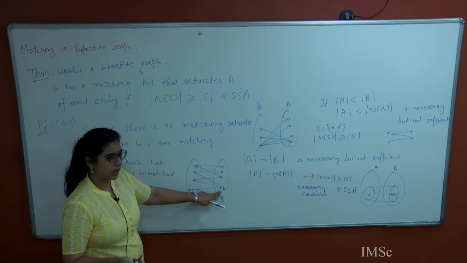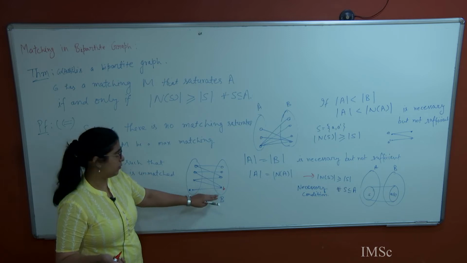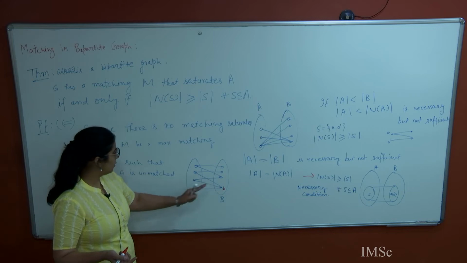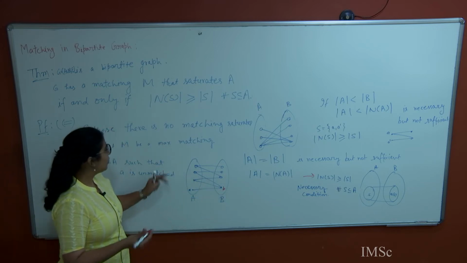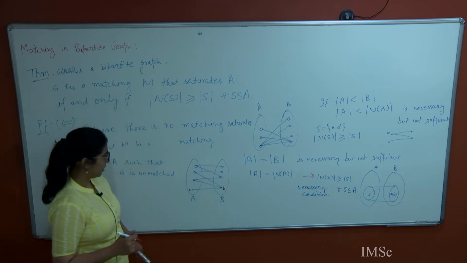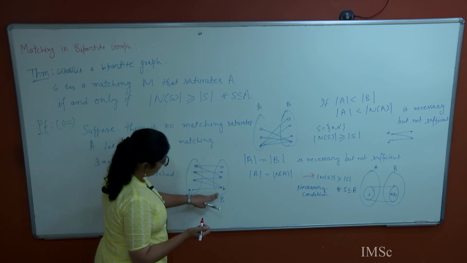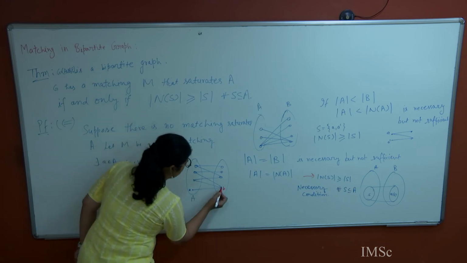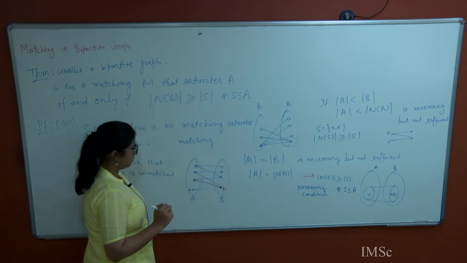If it is unmatched, then we can add this edge, right? And actually we started with a maximum matching, so that means it is not, or not maximum matching, you can say any matching. So that means this is matched. So this is matched by some edge here.